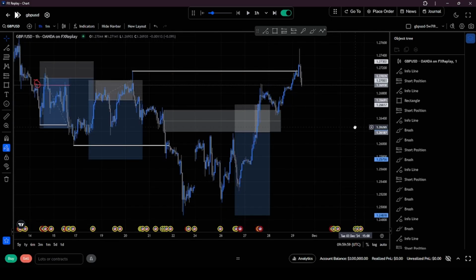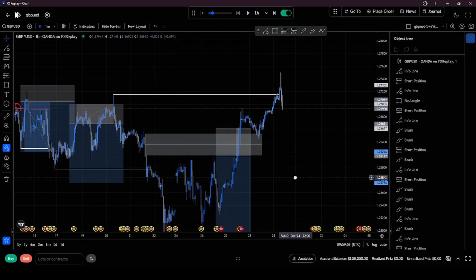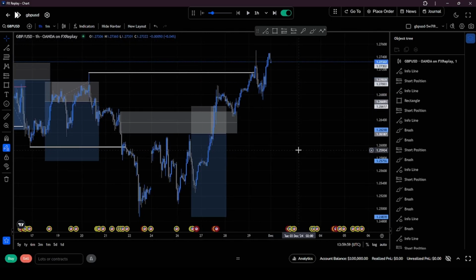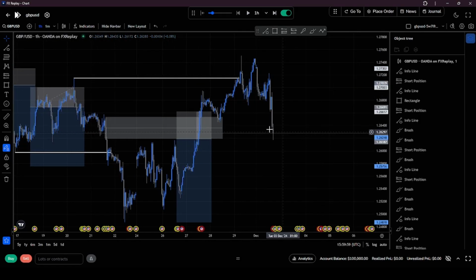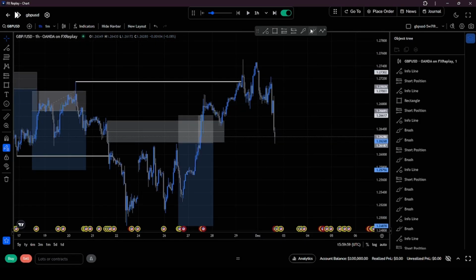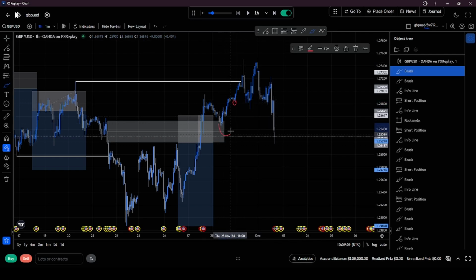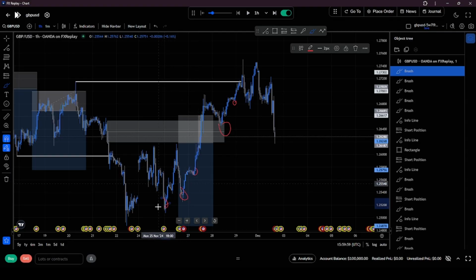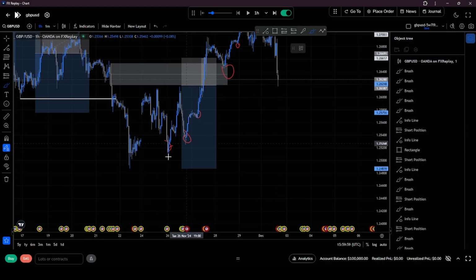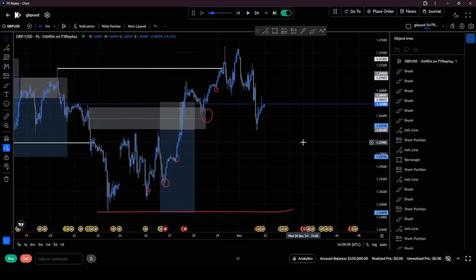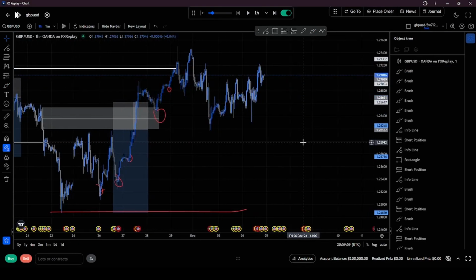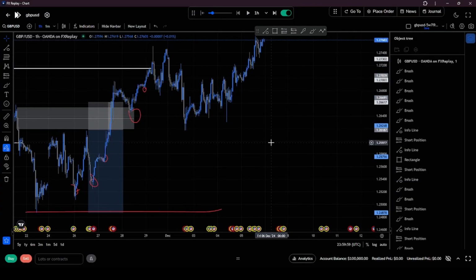So we have now shifted our bias from selling to buying. You see, price has minor inducement, minor inducement, minor inducement, minor inducement, minor inducement, and then a major inducement here. All right. So let's see. I always wait for confirmation on a minor inducement.